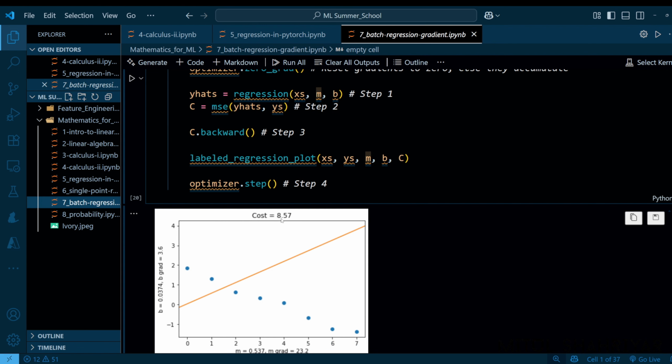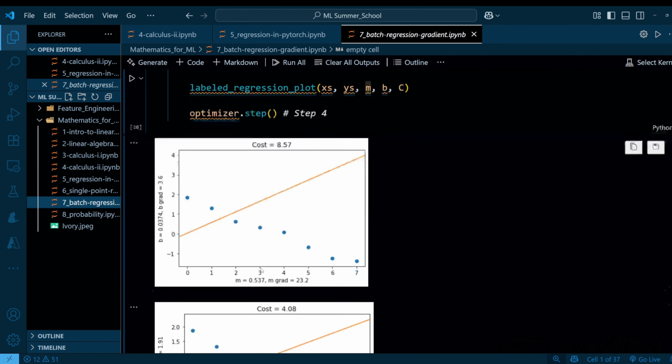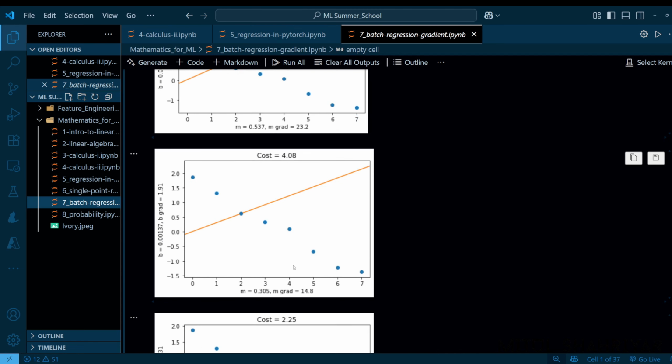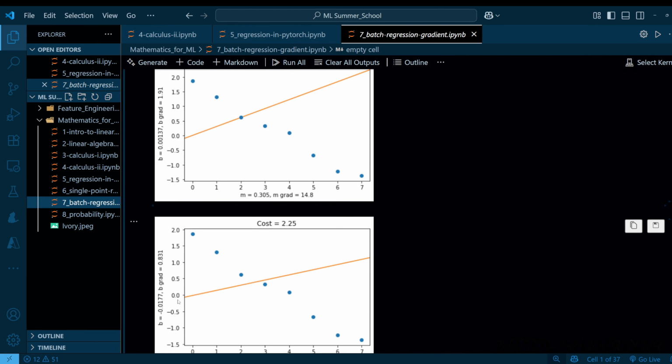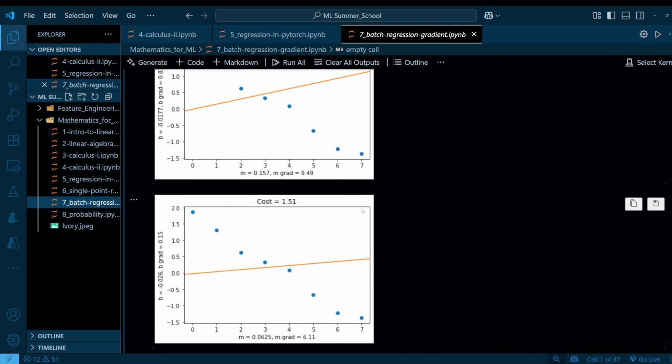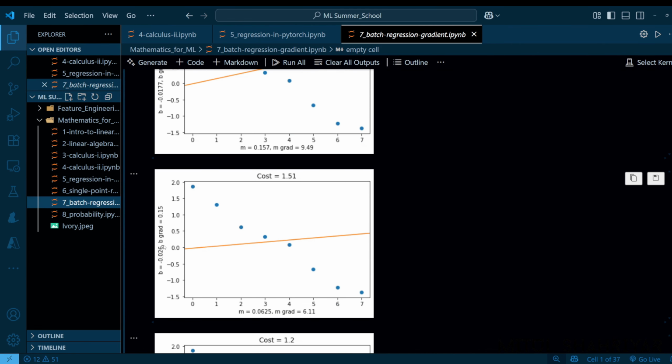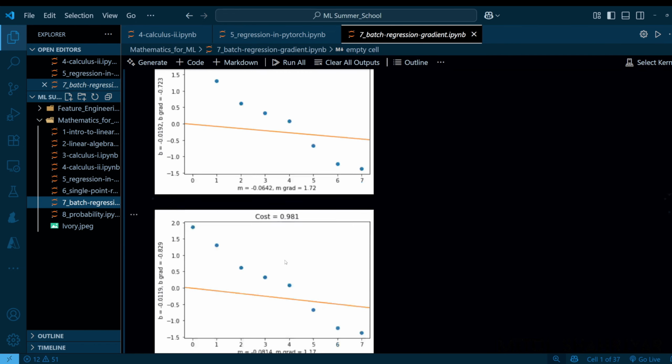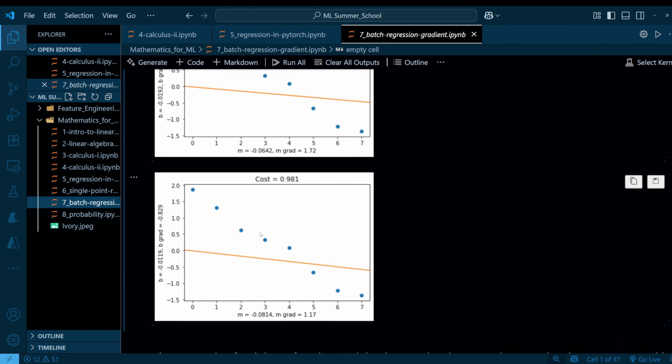Then we follow the whole process again, dC/dM, dC/dB, and so on, and we got a better M value than this, we got this line. Again the same process, cost is reduced, we got some M. We follow the same process again, cost is reduced from 2.5 to 1.51, and we got some M and B, and this line. We follow the same process and go on, and this is the line for 8 epochs only.